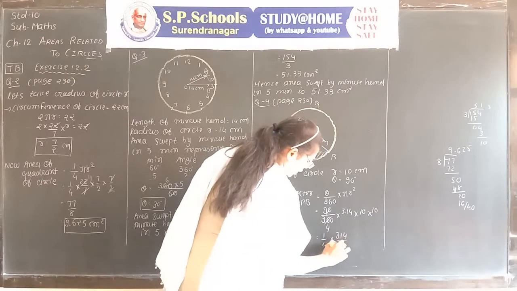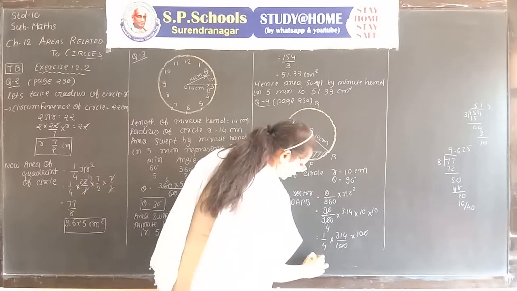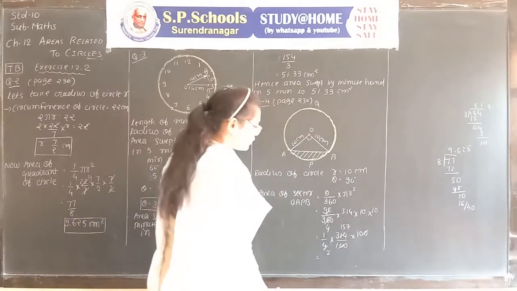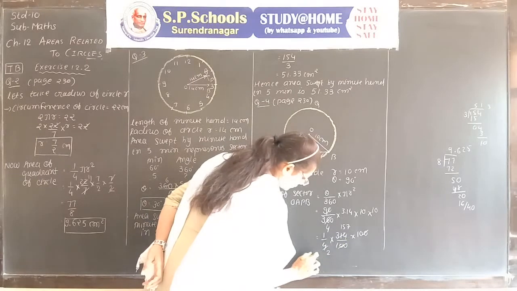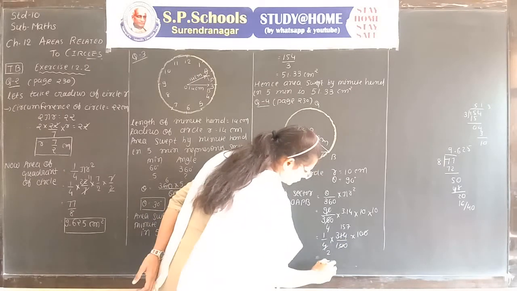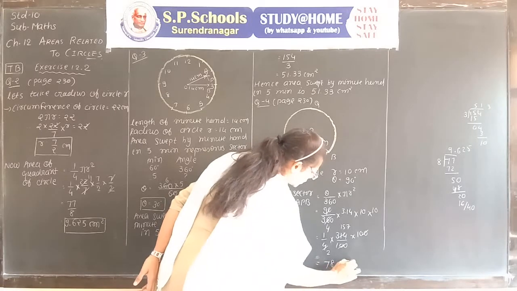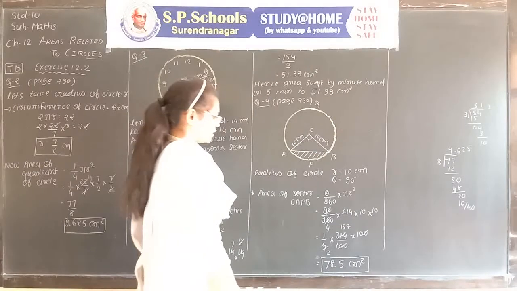So 314 upon 100 into 100, now 100 cut, 2 2s are 4, 157 upon 2. Dividing by 2 we get 78.5 centimeter square. It is the area of the sector.